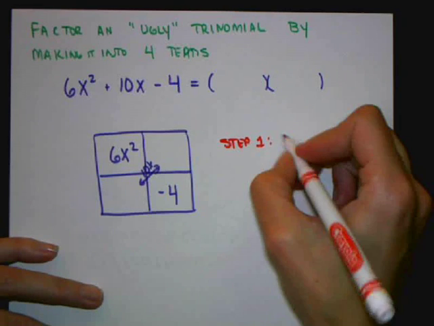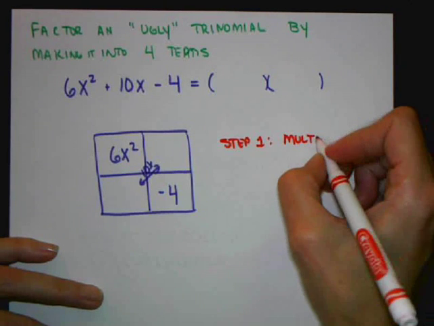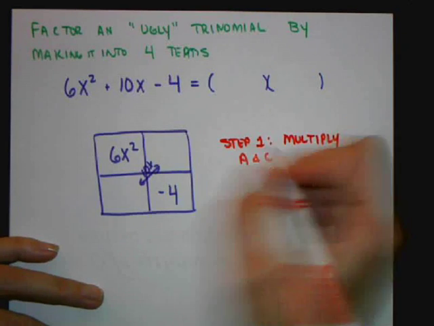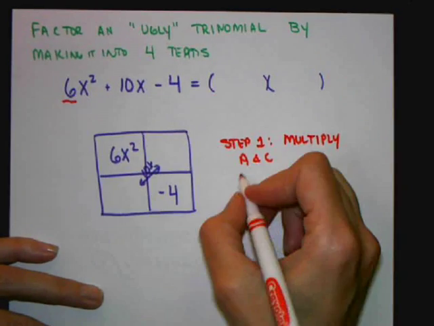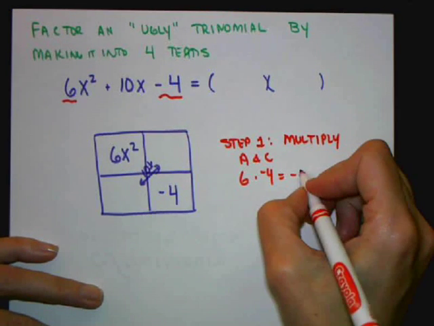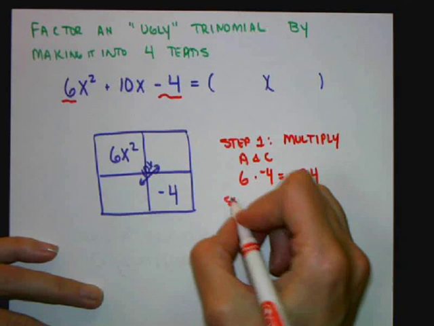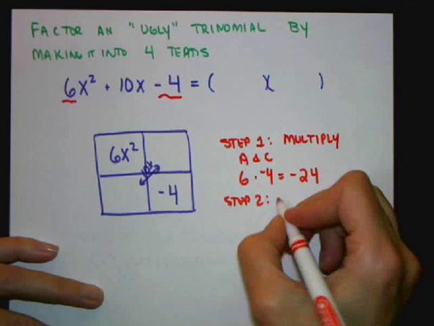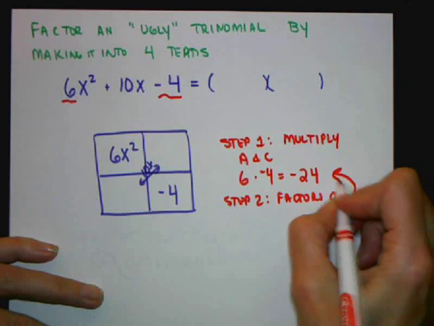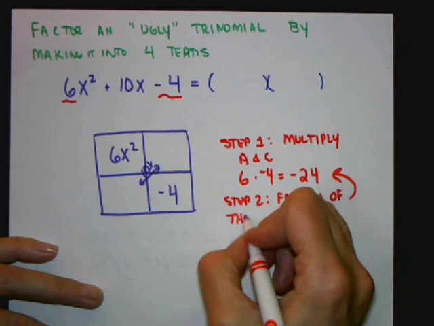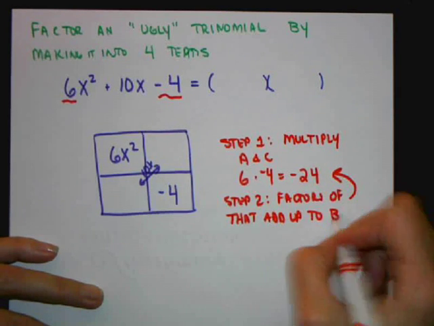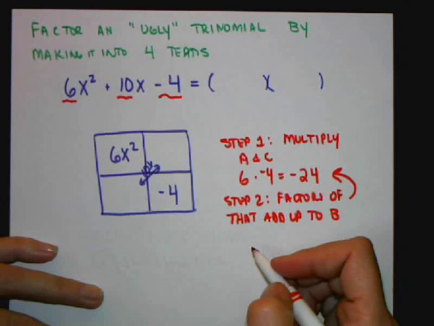Step 1. We're going to multiply a and c in our expression above together. So in this case, a is 6 and c is negative 4. That's going to give us negative 24. Step 2 is we're asking what are the factors of that answer, negative 24 in this case, that add up to b, which in this expression is 10.